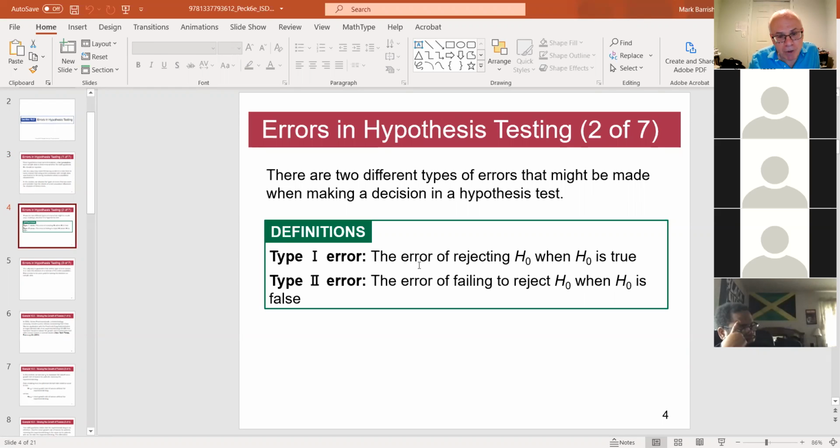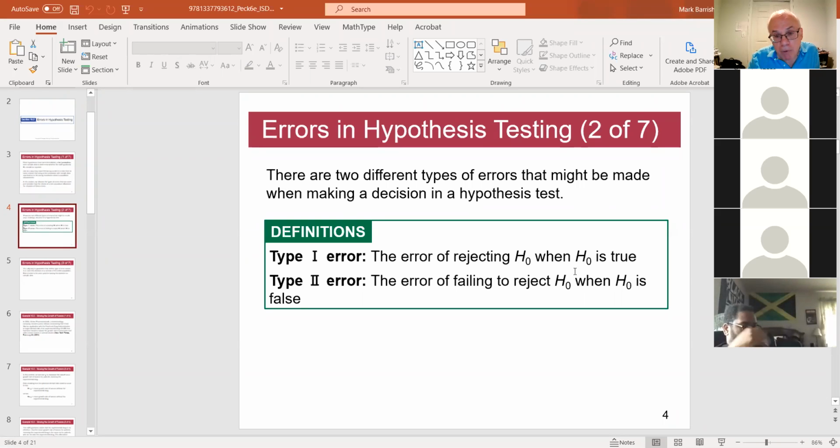So what is a type 1 error? This is the error when you've decided to reject a null hypothesis from statistical evidence. So you're going through the hypothesis test procedure and you believe there is enough evidence to reject the null hypothesis.